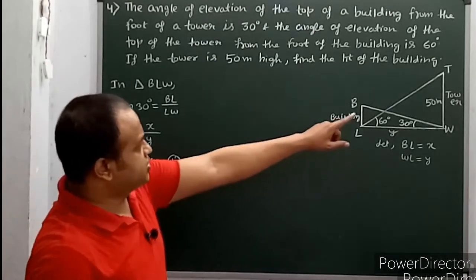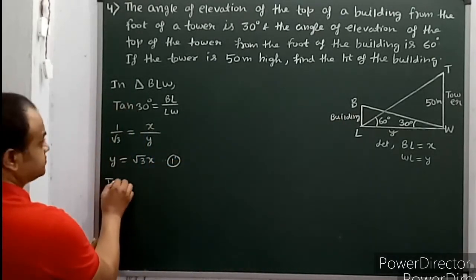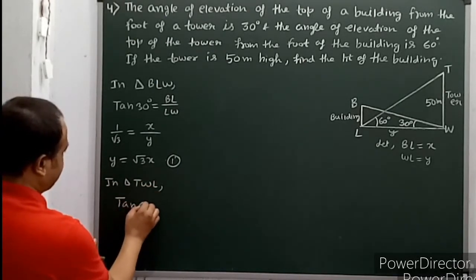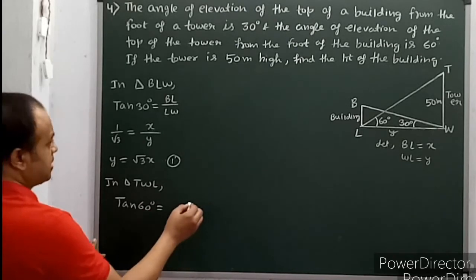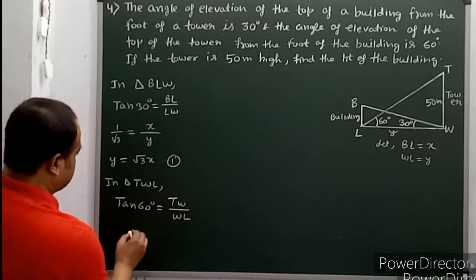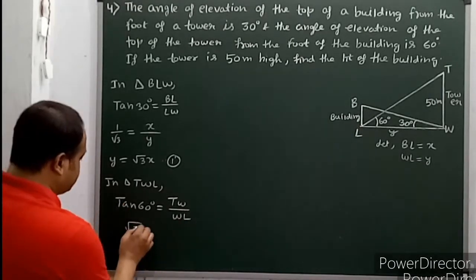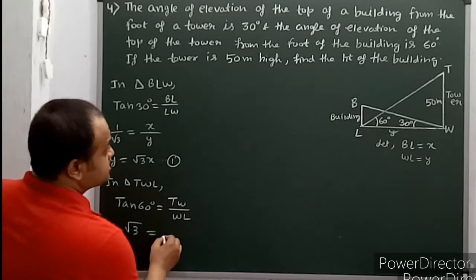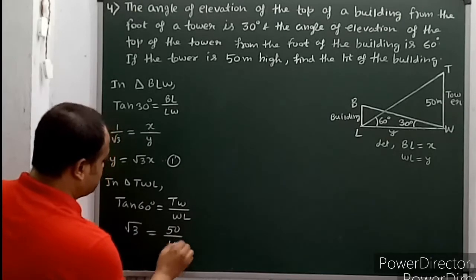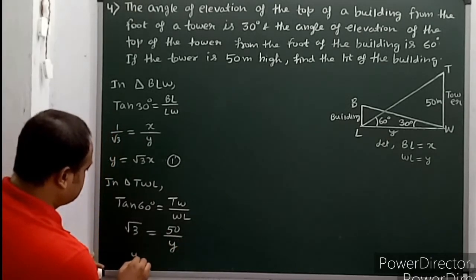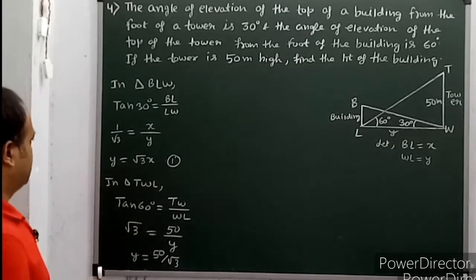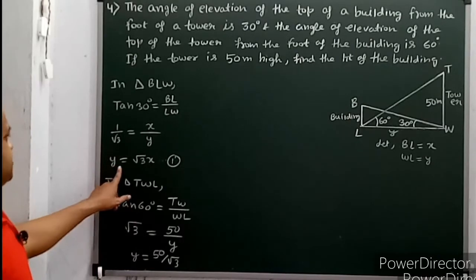Now we will take the triangle TWL. In triangle TWL, tan of 60 will be P by B, perpendicular is here TW and base is WL. Tan 60 we know it is root over 3. TW is given 50. WL we have assumed Y. We are getting Y equals to 50 by root over 3. Now the value of Y we can easily substitute in equation 1.